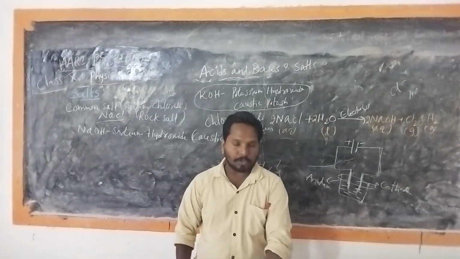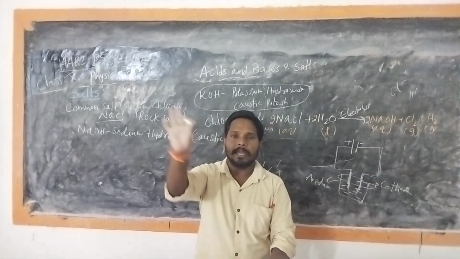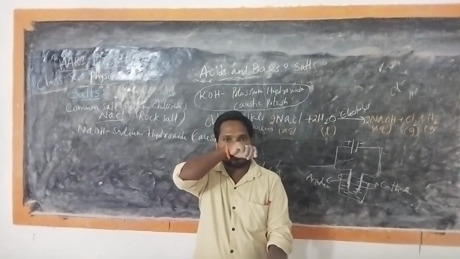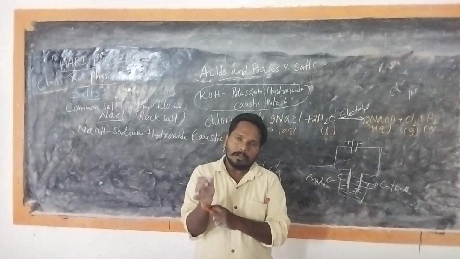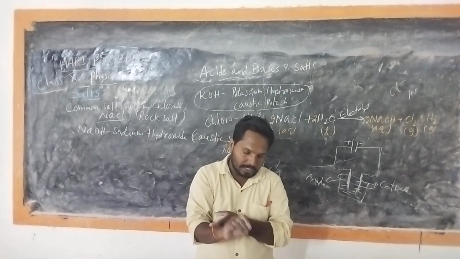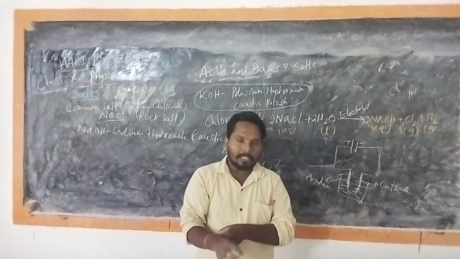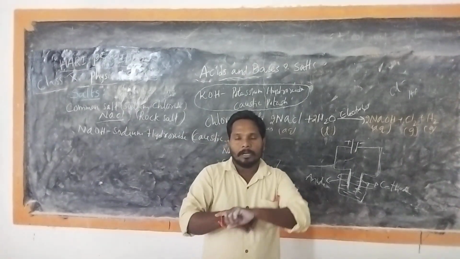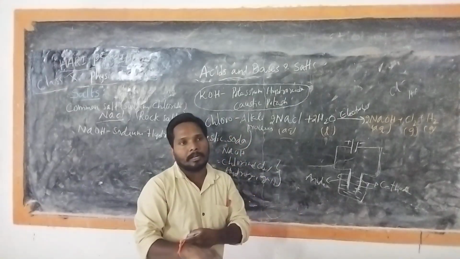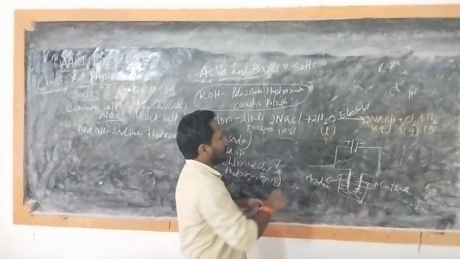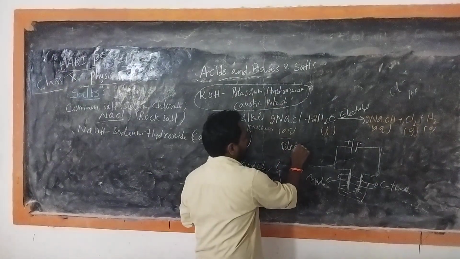This is because chlorine acts as a disinfecting agent. Chlorine is also used in the production of bleaching powder.